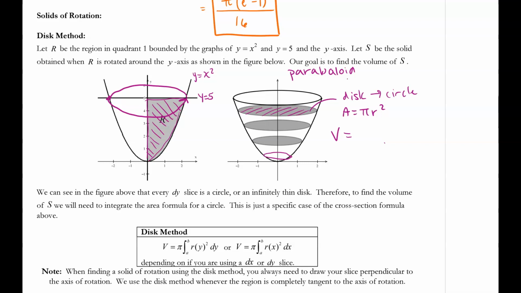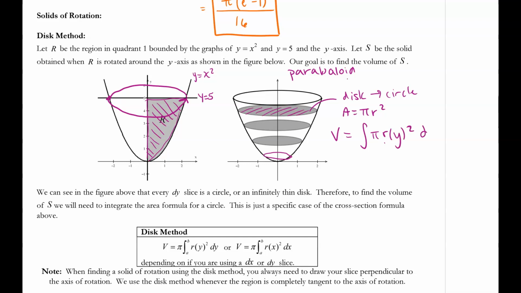So your disk is always going to be perpendicular to the axis of rotation, and your axis of rotation tells you also if it's dy or dx. So our volume is going to be, we'll integrate pi times the radius squared, and our radius will have to be in terms of y.